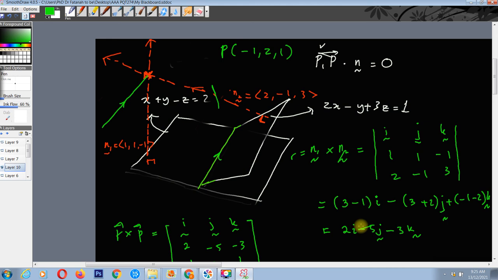Meaning this looks like equation 1 minus equation 2 for that normal. It looks like that. But why?